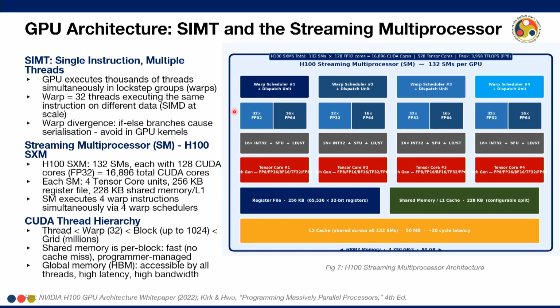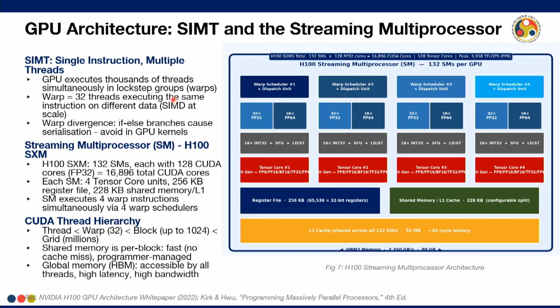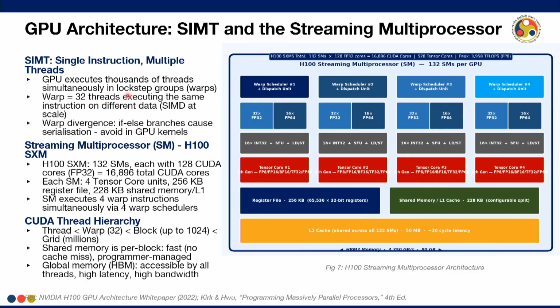In this streaming multiprocessor we have the warps, the main components which run this single instruction multiple thread execution in parallel. Warps are collections of threads. 32 threads become one warp, that is the group, and these warps execute the same instruction on different data.